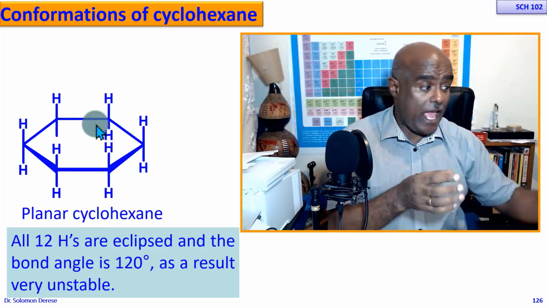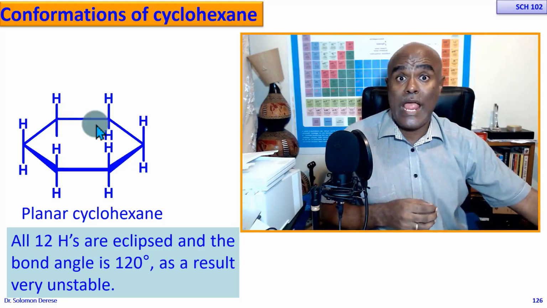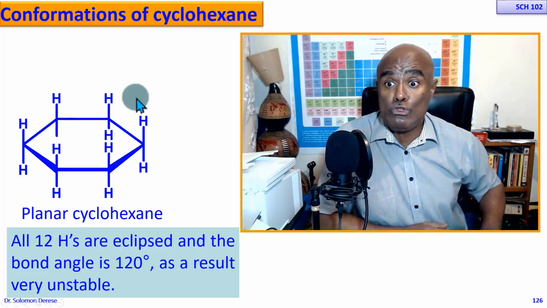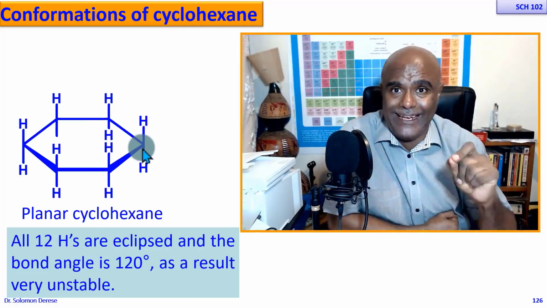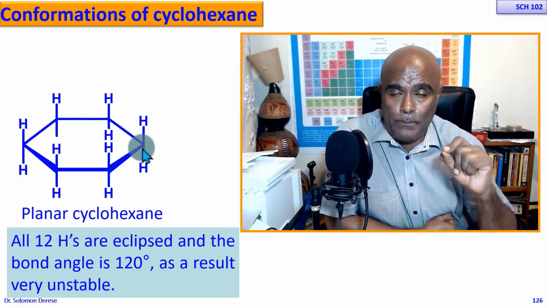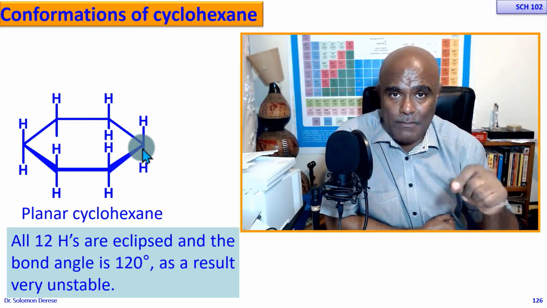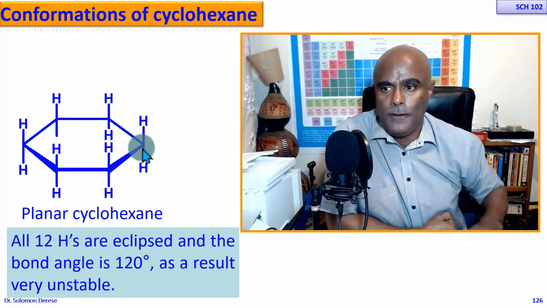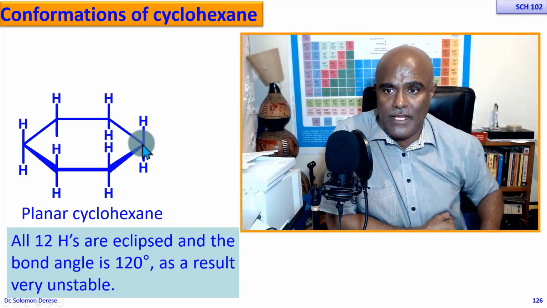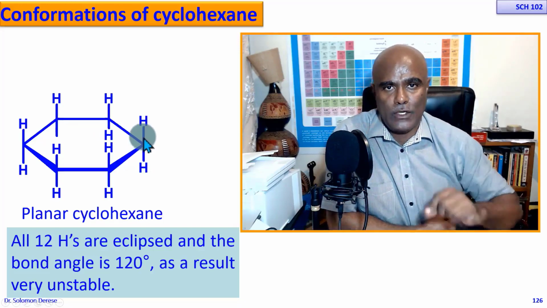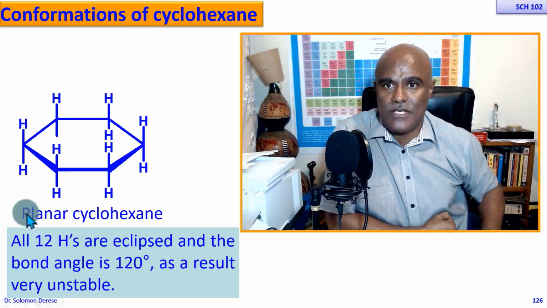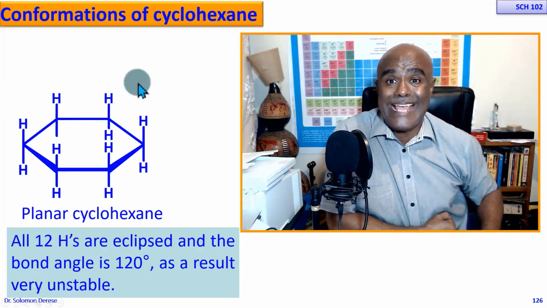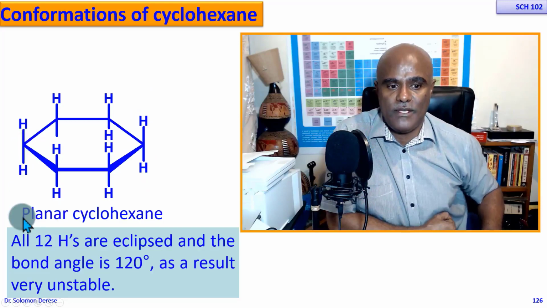But in the case of cyclohexane, 2 of the carbons can come out of plane as it puckers and becomes stable. It is possible that this carbon can come out of plane and goes up like that, and then this one can come down like that. This one goes up while the other one comes down.